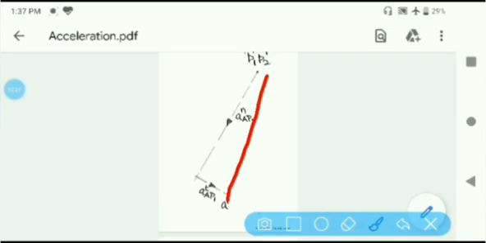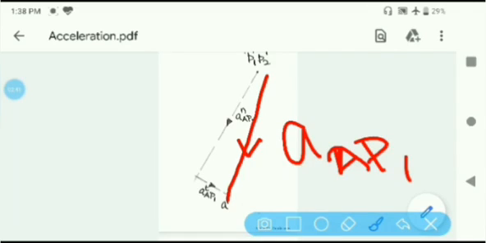This line represents the absolute acceleration of point A relative to P1.